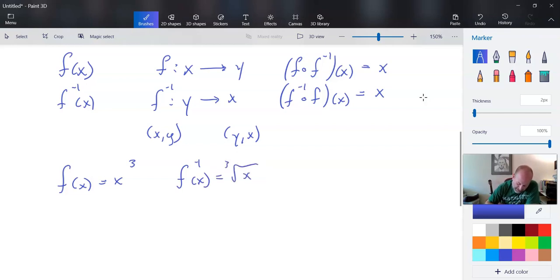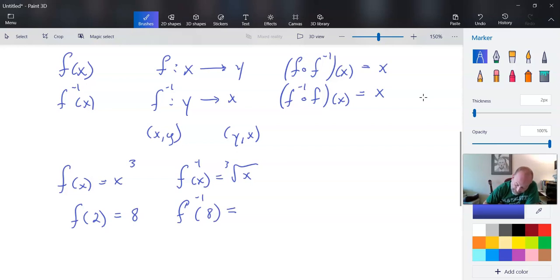So let's just plug in a value and see how this works. So f of 2, if I plug in 2, I'm going to be cubing that. So it's basically saying 2 to the third is what? And that gives me 8, right? If I come back over here now, and I take f inverse of 8, what I should get back is my original value.